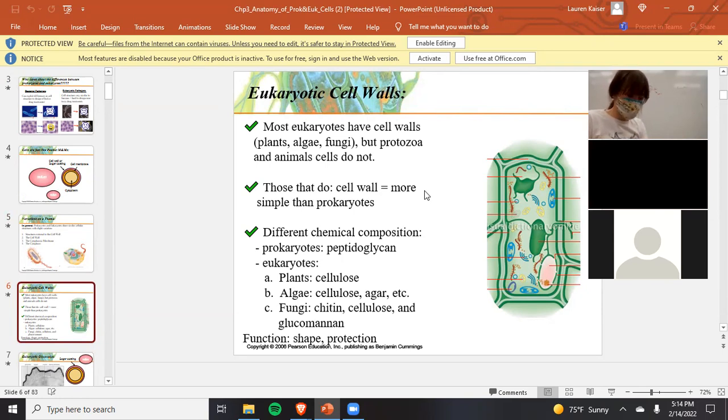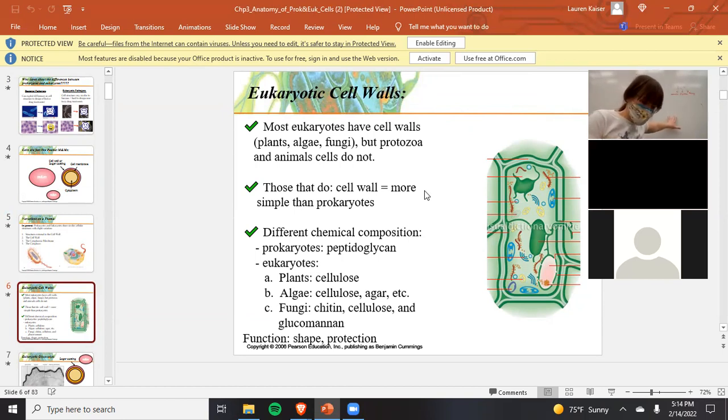So obviously we're going to have Animalia, Plantae, and fungi. Yes, fungi. Those are our 3 that are going to be in our eukaryotic.